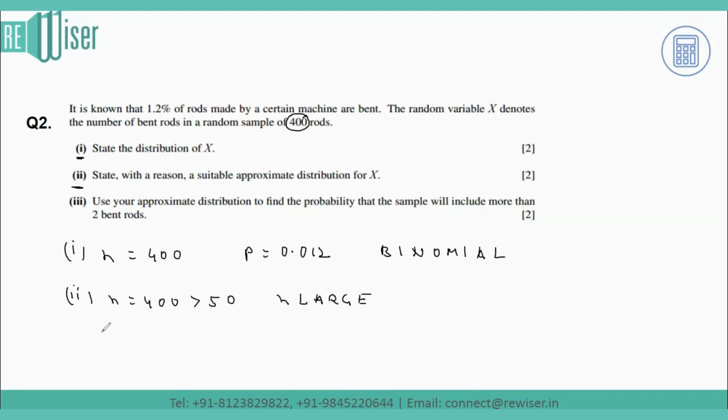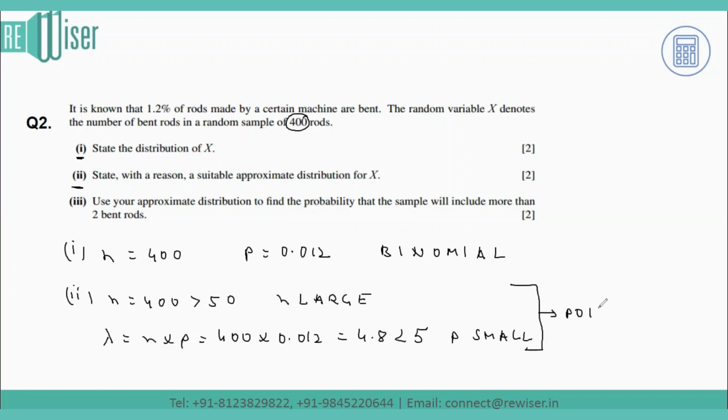On the other hand, the mean, which is n times p, that means 400 times 0.012, equals 4.8, which is less than 5. So if the value of np is less than 5, we can say that the probability value is very small. So assuming these two conditions to be correct, we can approximate it as a Poisson distribution.